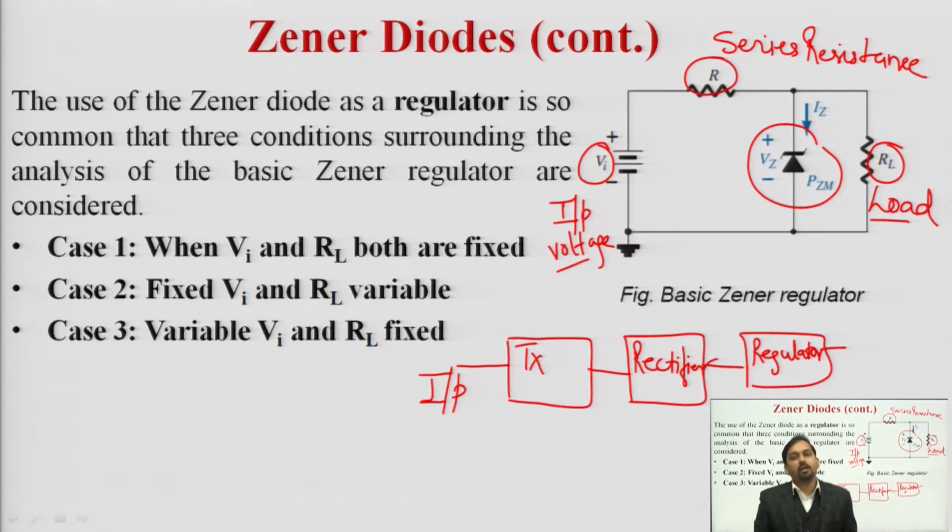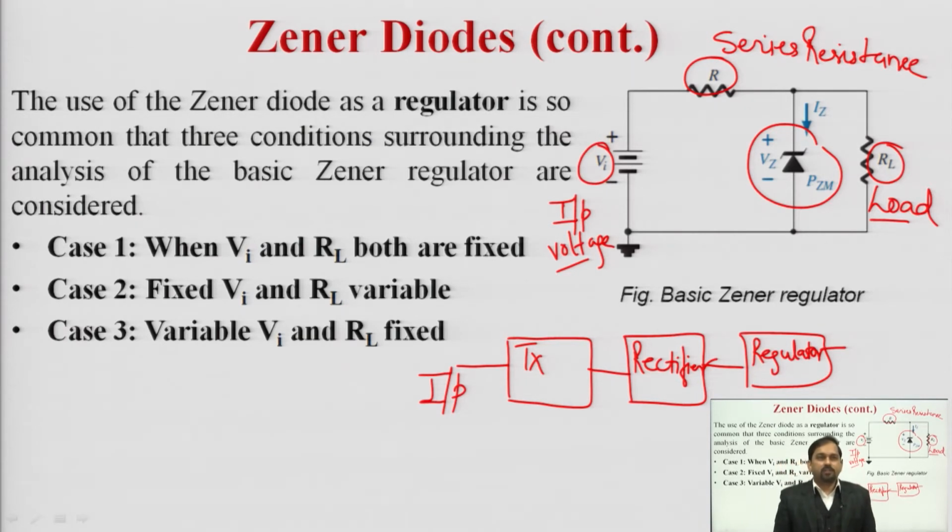Will the circuit provide a constant voltage or not? The motive behind this Zener diode is just to provide a constant voltage irrespective of the variation in input voltage and irrespective of the variation in output load.